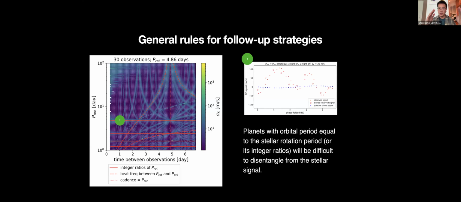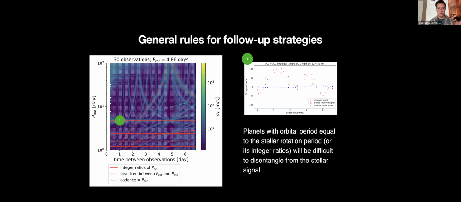So this circus tent plot has observing cadence on the x-axis, and the orbital period of the planet on the y-axis, and it's colored by basically the inverse of the Fisher information content. So purple, good, bright, bad.